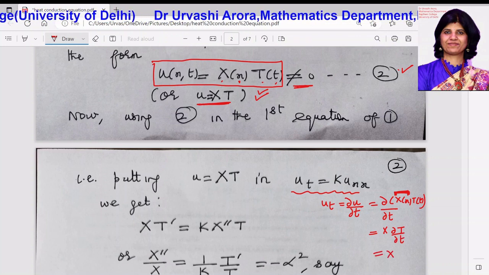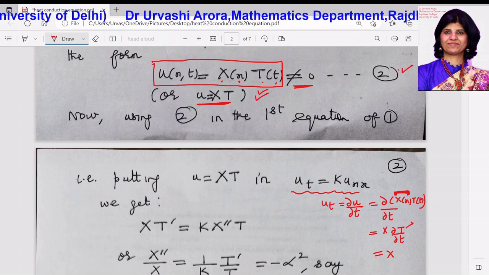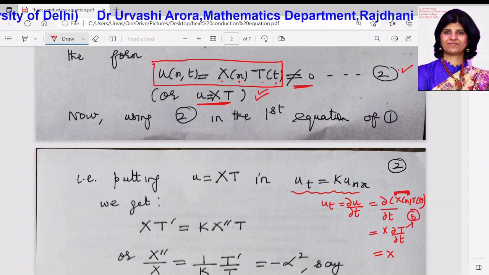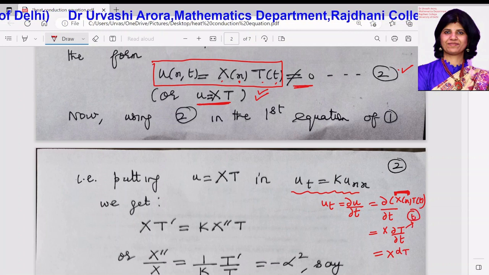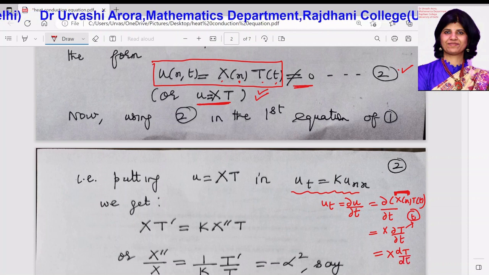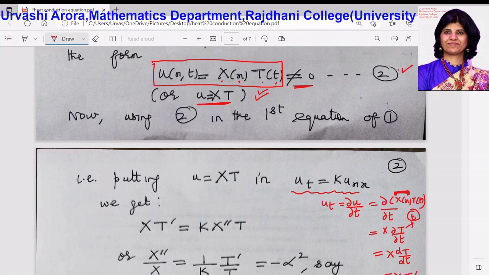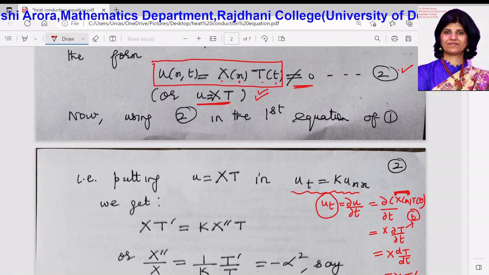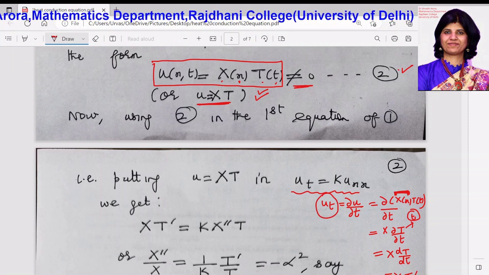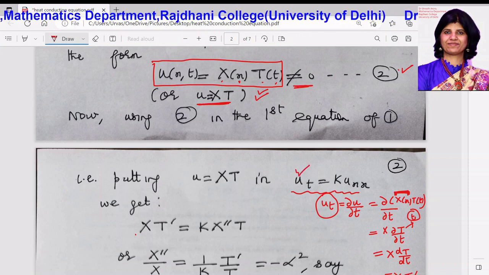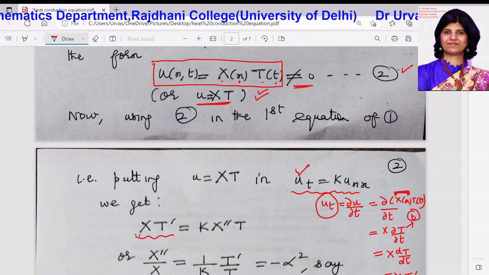This is X, and T we know is a function of small t only. So, this del can be replaced by d. So, this partial derivative actually becomes the total derivative, and you can write it as X T dash. So, this means that the value of u t comes out to be X T dash. So, this is the value of u t. The value of u t we have substituted over here, X T dash.